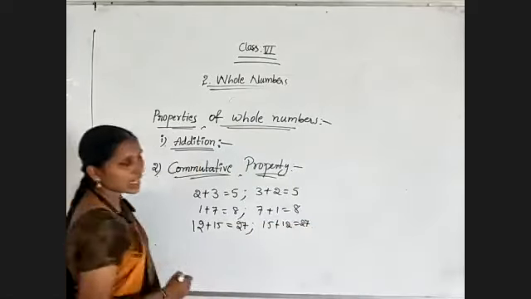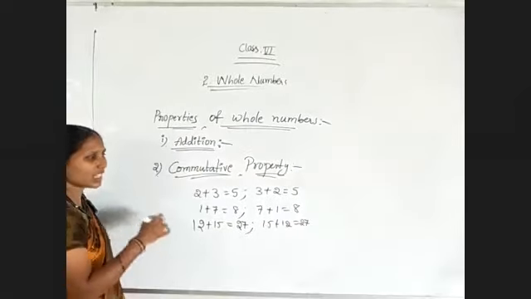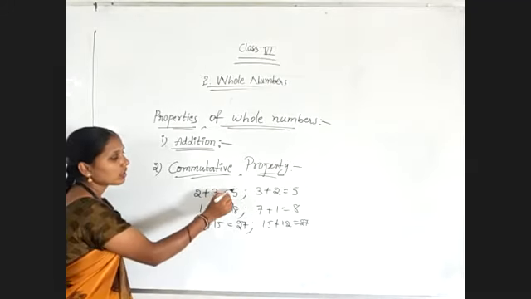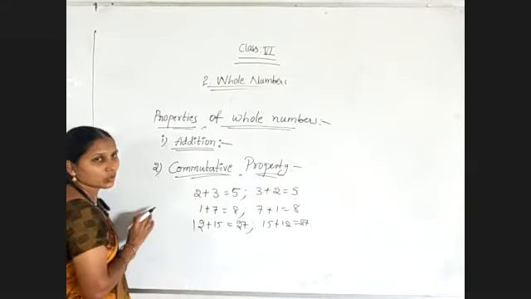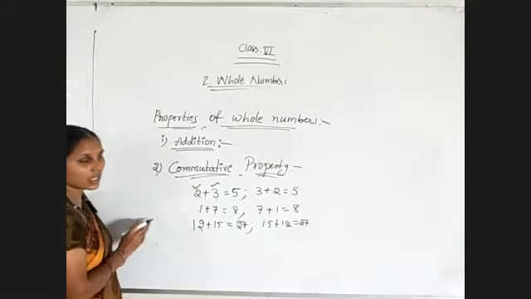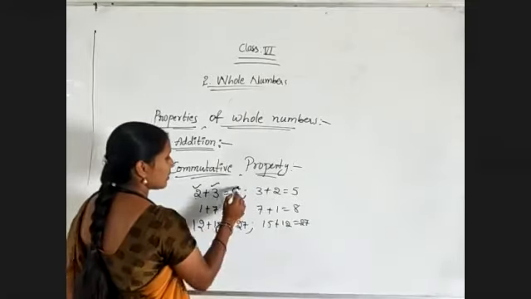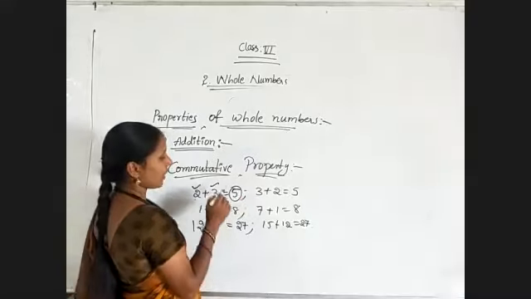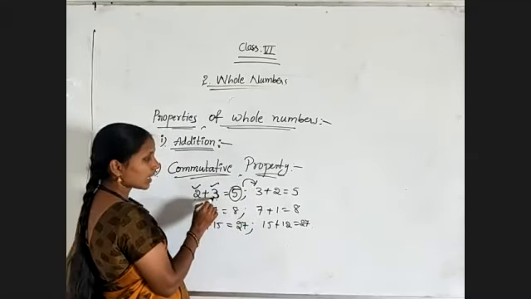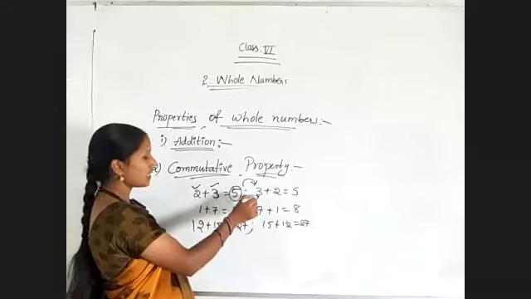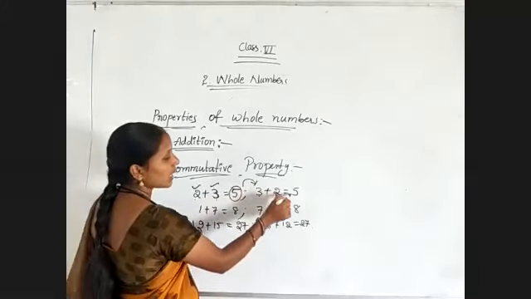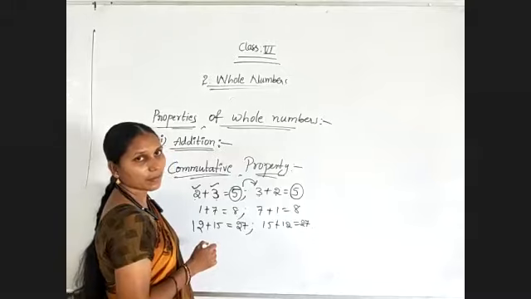So observe all these numbers, whatever I am writing, what I am trying to explain, just observe. 2 and 3 are whole numbers. Whatever sum I got, 5. In the second case, I am placing the second number in the first place and the first number in the second place. Then also I am getting the same result.